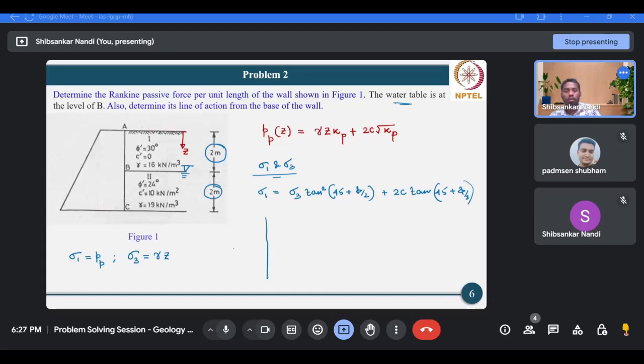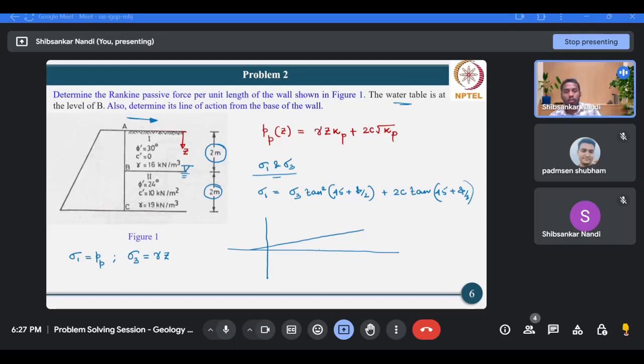Because the phenomenon involved in passive earth pressure is that, to attain the passive state, you have to move the retaining wall towards the backfill.